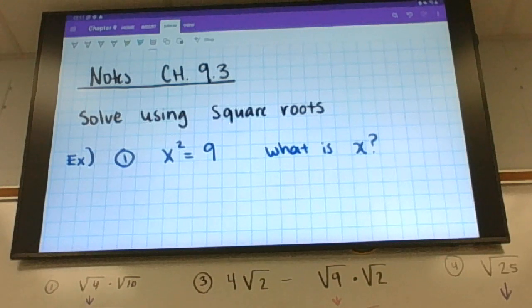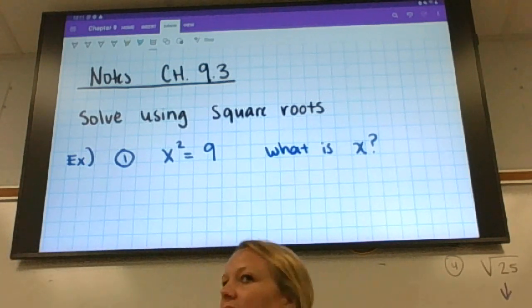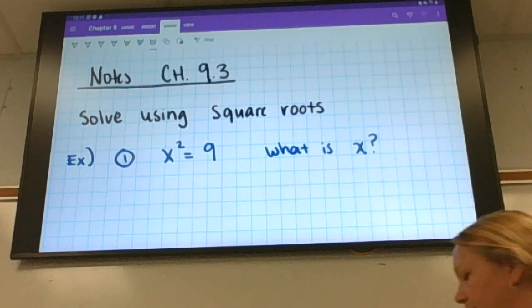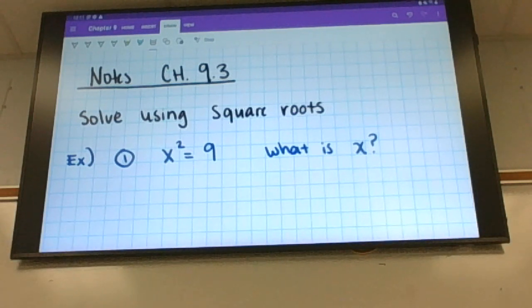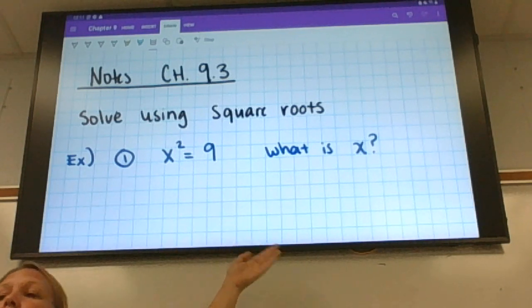Could you tell me the answer to number 1? Everybody in here knows the answer to number 1. What is it, everybody? 3. If x squared equals 9, then x had better be 3.